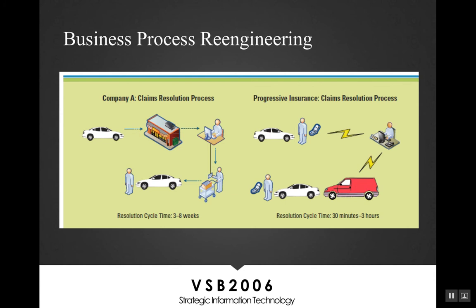Instead of having to go into a shop, you can use your cell phone to capture pictures of the damage and electronically send them in. The system can automatically detect and create a workflow, processing the information and passing it along. Resolution of that can go down from 3 to 8 weeks to 30 minutes to 3 hours.